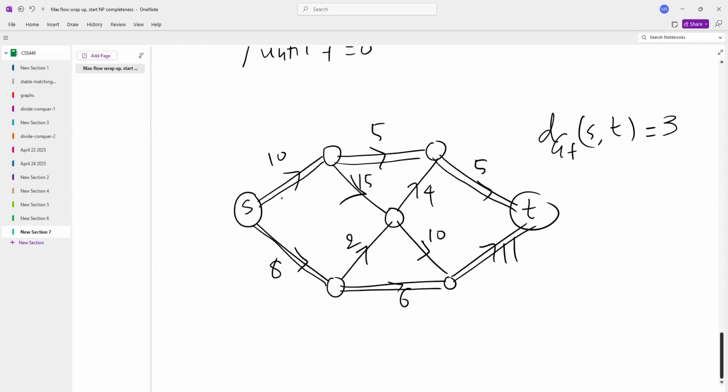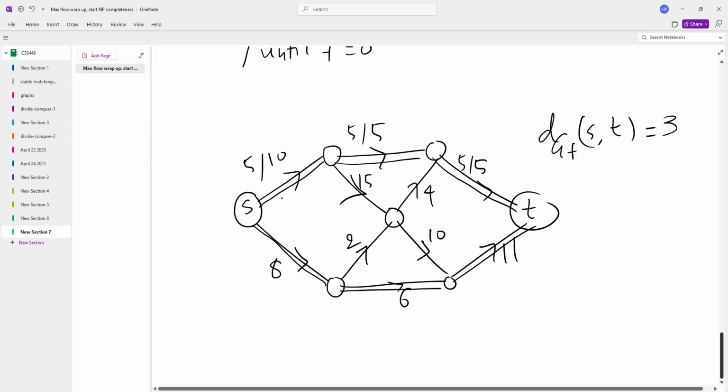So that means I'm sending 5 along here, 5 along here, and 5 along here, right?